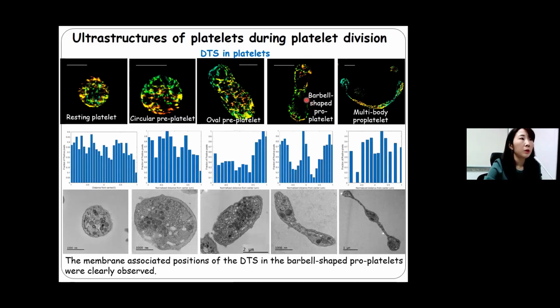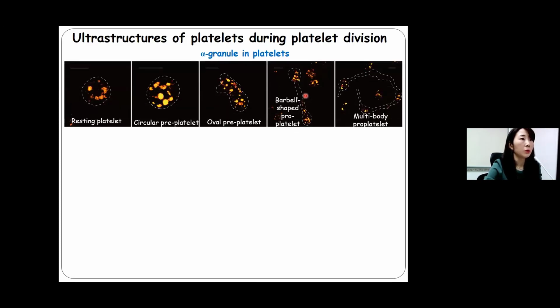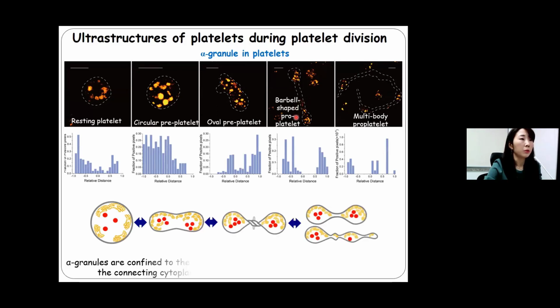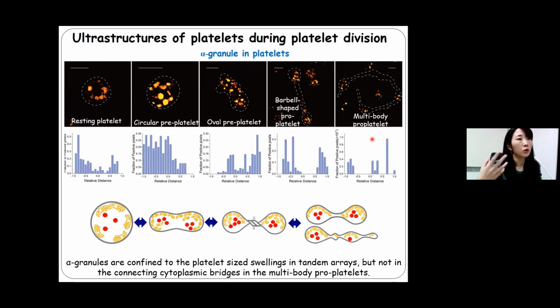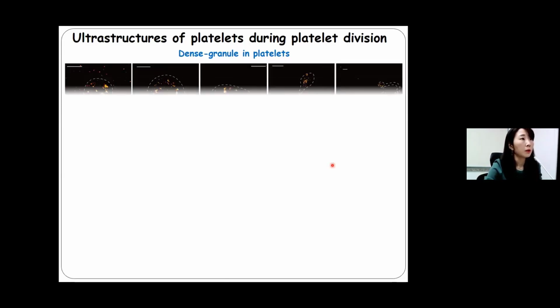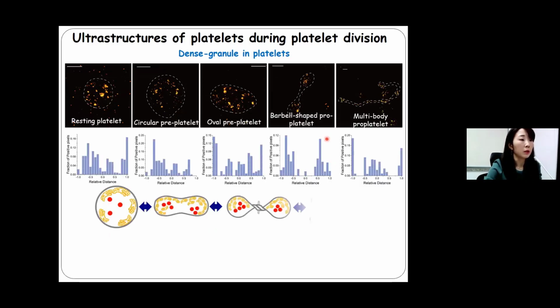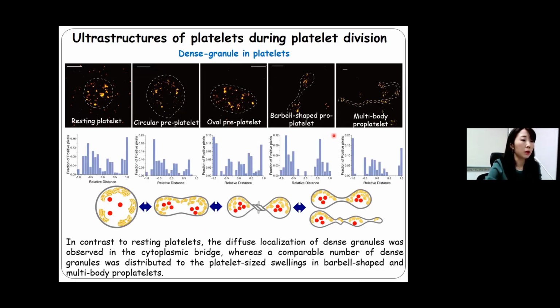In a similar way, alpha granules also show equal division in the bubble-shaped proplatelet and multibody proplatelet to prepare for their equal division. And dense granules also show this confinement to the platelet-sized swelling in bubble-shaped and multibody proplatelets. So it seems that they are also preparing for their equal division.